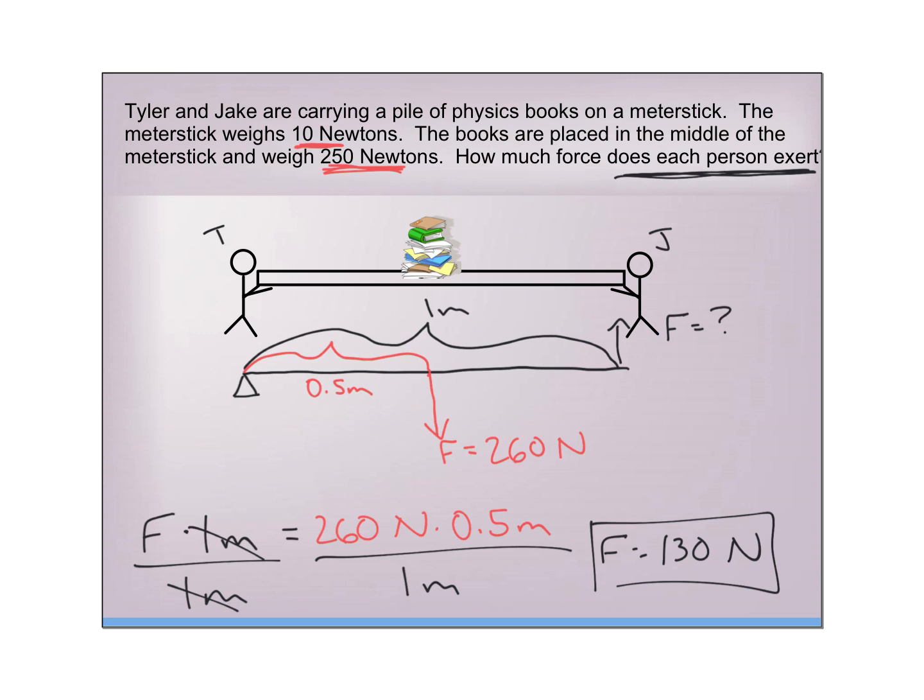Now, this question ultimately asked, how much force does each person exert? And I said, for the time being, I'm going to ignore Tyler and just focus on Jake on the right. Well, how do we find the other unknown? There are ultimately two methods. One is I can go back and do everything I just did and simply switch the pivot point and go back through the whole thing.